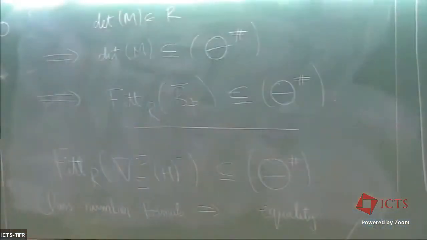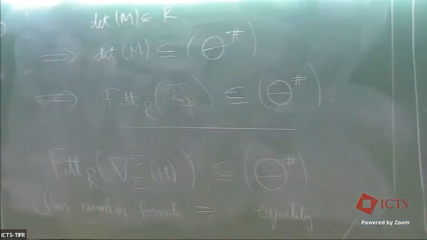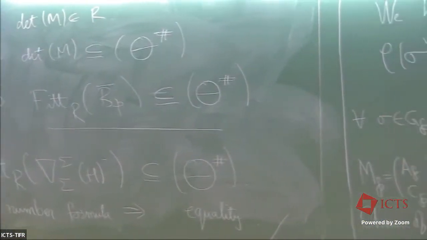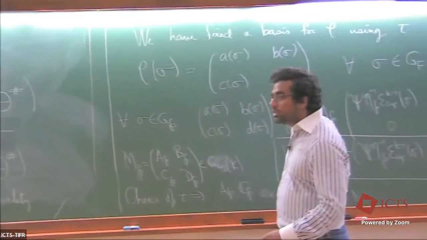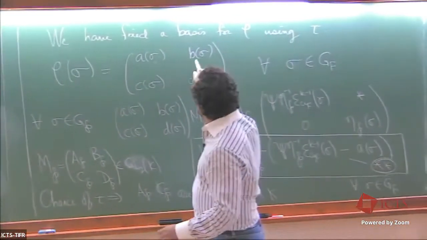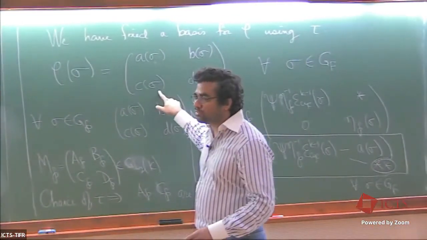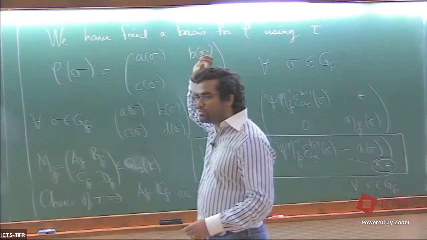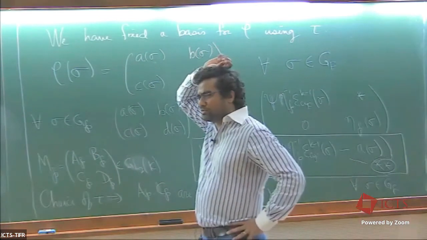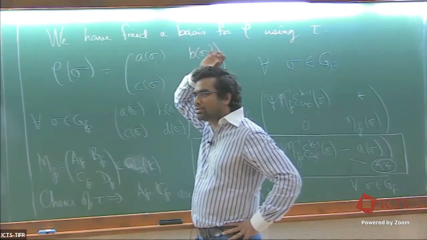Yeah. So a priori, they're all entries of K, but because of the way we choose our tau, what you can show is that A and D are entries of the Hecke algebra itself, T. And actually, you can show more. You can show that B times C is an entry of T because the determinant is, and so on. This is what is called a GMA in the language of Bellaïche–Chenevier, I think.